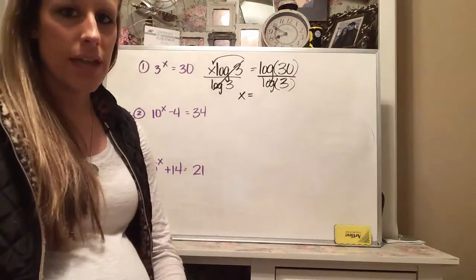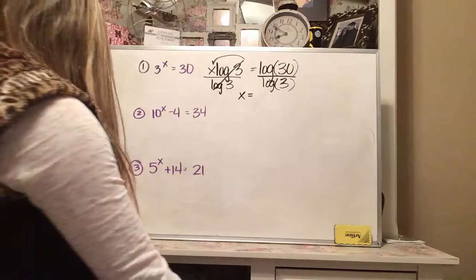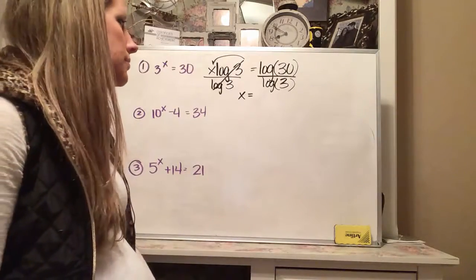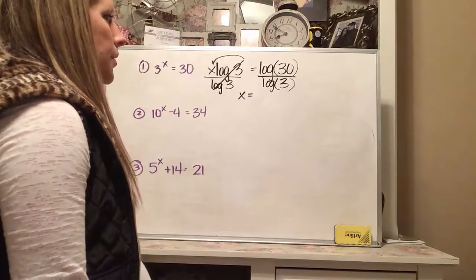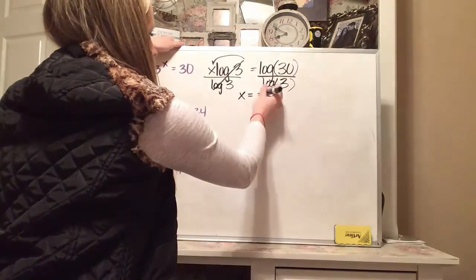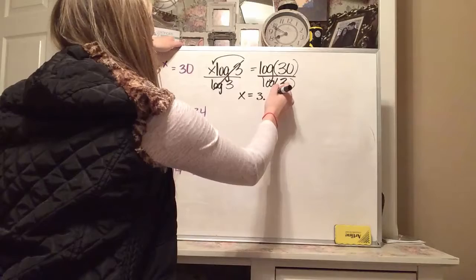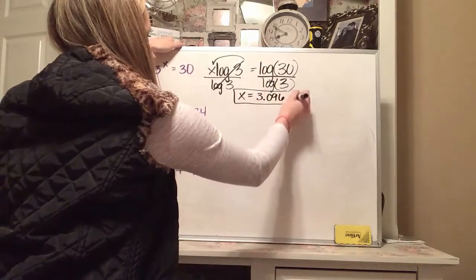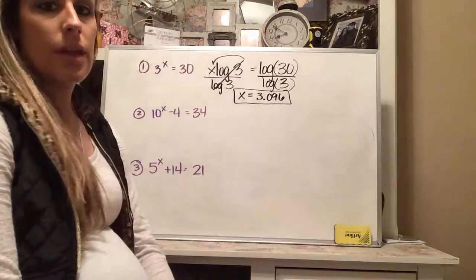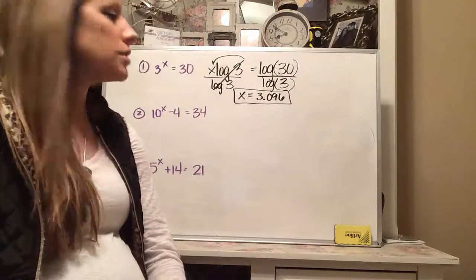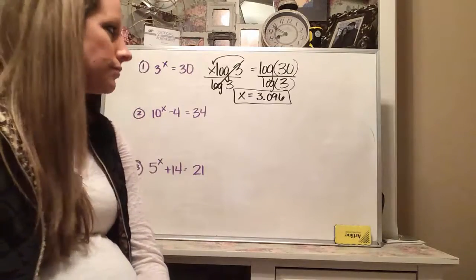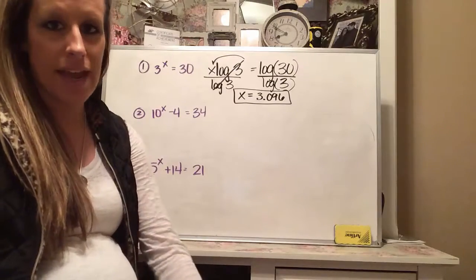So go ahead and punch that in: log of 30 divided by log of 3. We want to round to 3 decimal places. So you should get x equals 3.096.